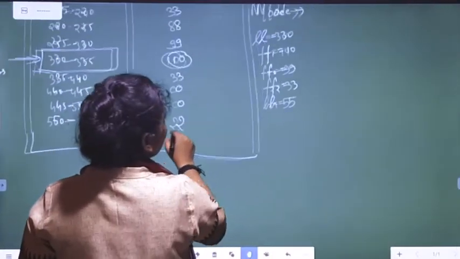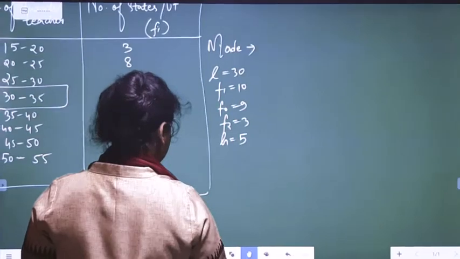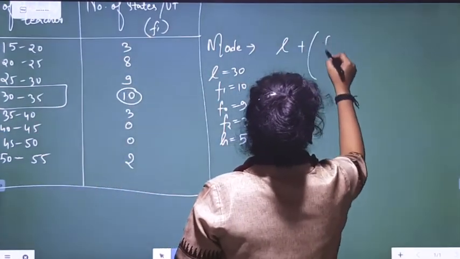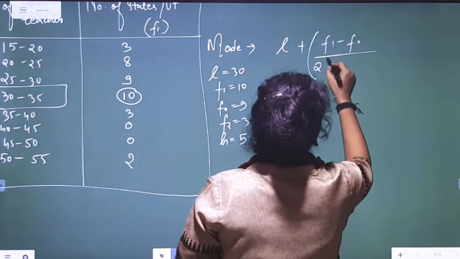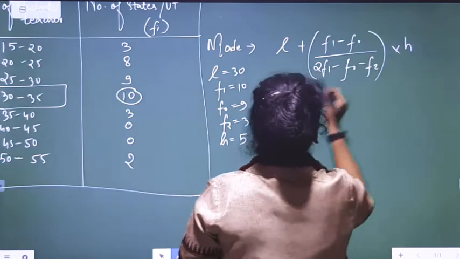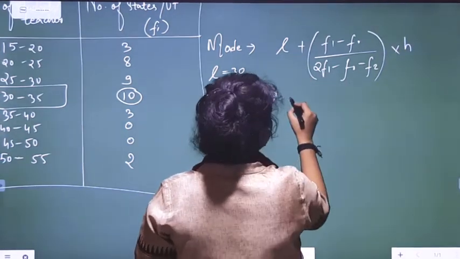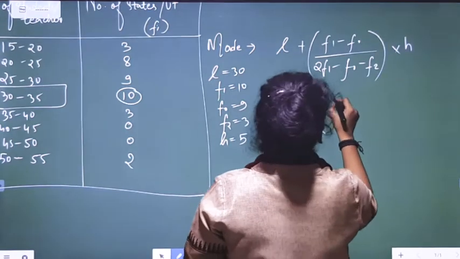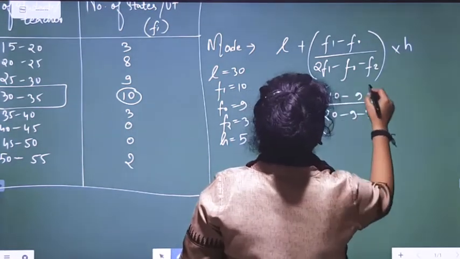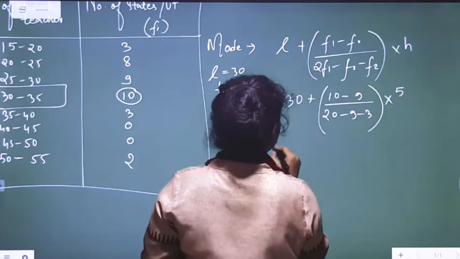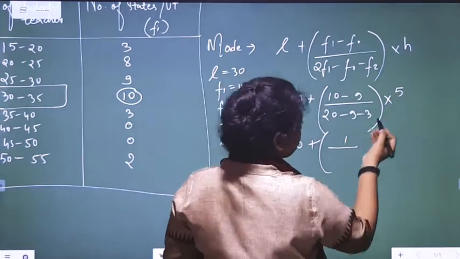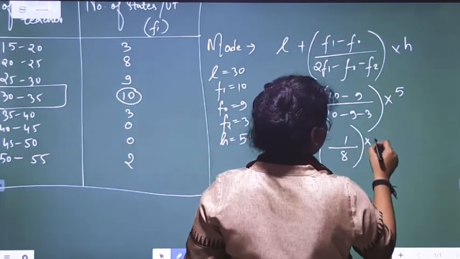Now, in order to find the mode, let's apply our formula. Mode equals L plus F1 minus F0 upon 2F1 minus F0 minus F2, into H. This gives us 30 plus 10 minus 9 upon 20 minus 9 minus 3, into 5. This is 30 plus 1 upon, 9 and 3 is 12, 20 minus 12 is 8, into 5.